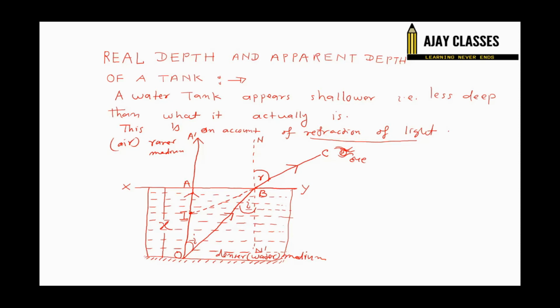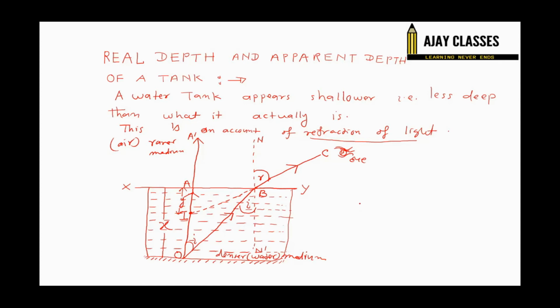This very position where the image of the actual point O is formed inside the water, observed from the top of the water surface XY, is at a distance small y, and this small y is called apparent depth.